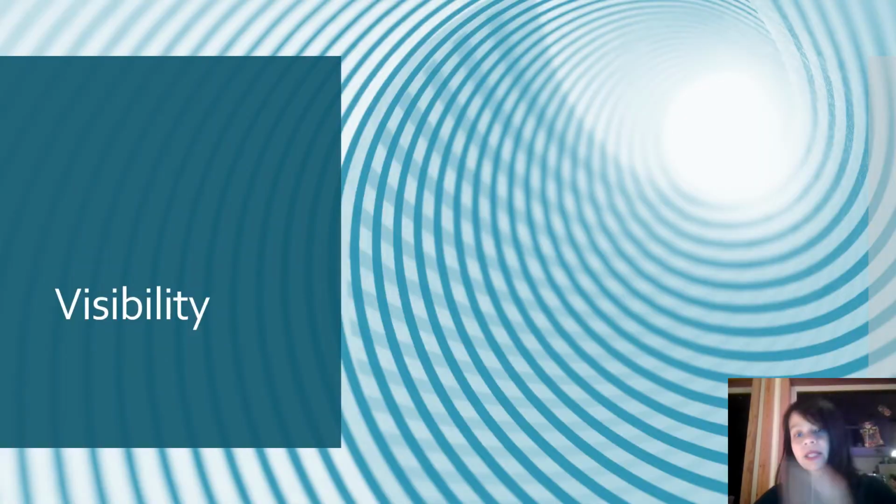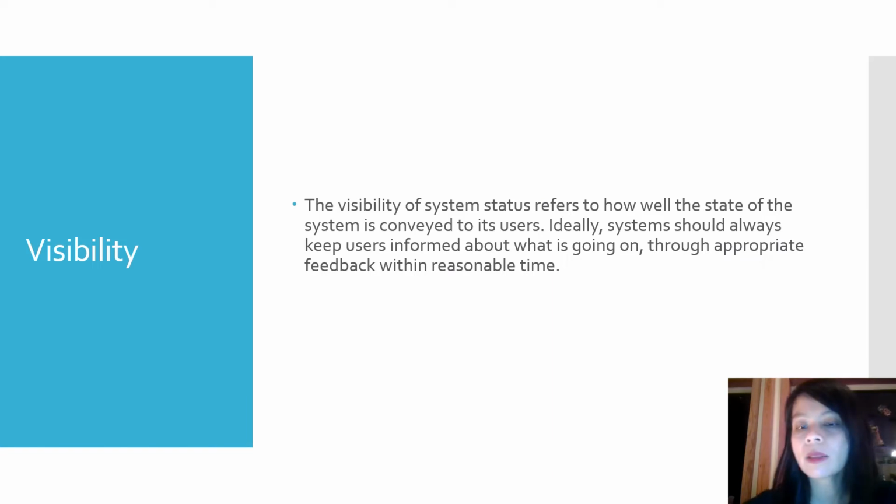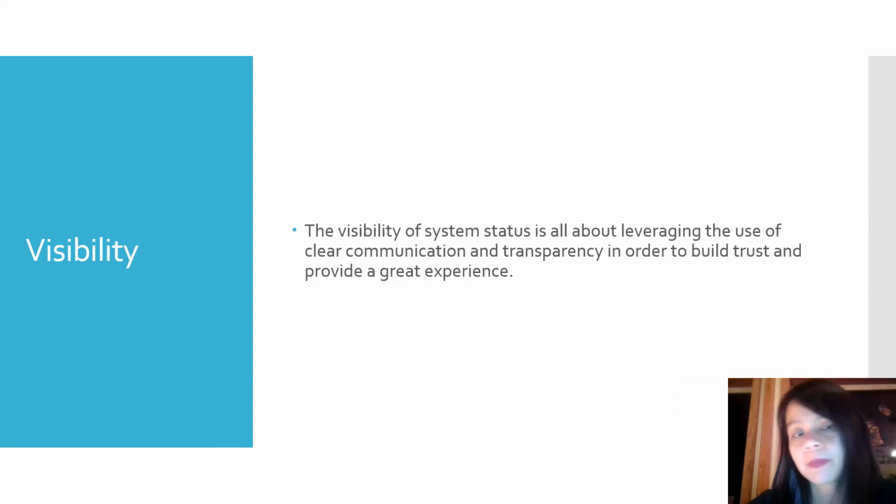All right, next let's take a look at visibility. The visibility of system status refers to how well the state of the system is conveyed to its users. Ideally, the system should always keep users informed about what's going on through appropriate feedback within reasonable time. So not only feedback, but you also need to provide it within reasonable time.